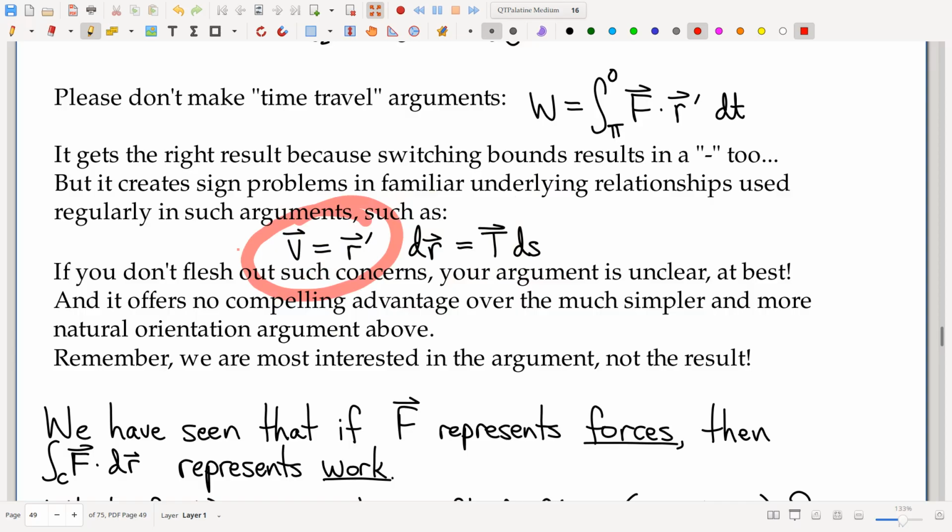Well, if you don't change your parameterization, the parameterization is the same. R prime is still going to be pointing the same direction as the original setup, but your actual velocity is not. So these are now negatives of each other. And, oh gosh, there's a lot of stuff you have to rethink through everything in all of the setup that we've done.